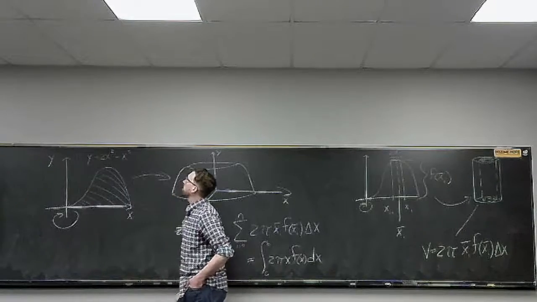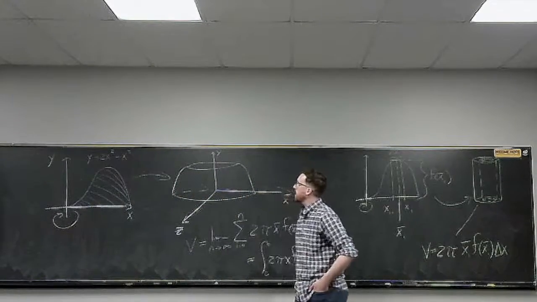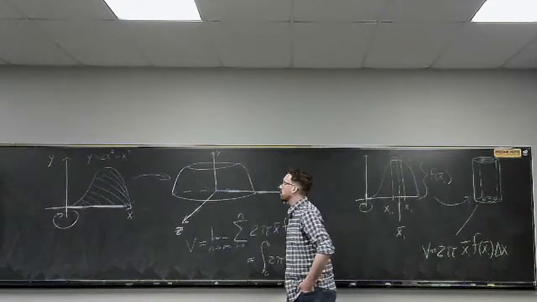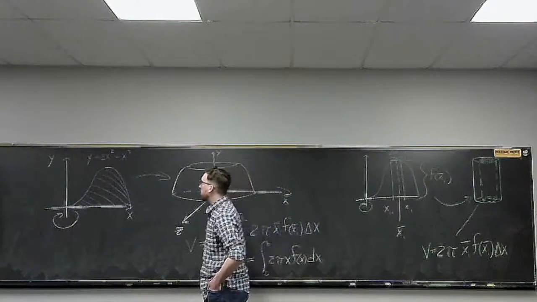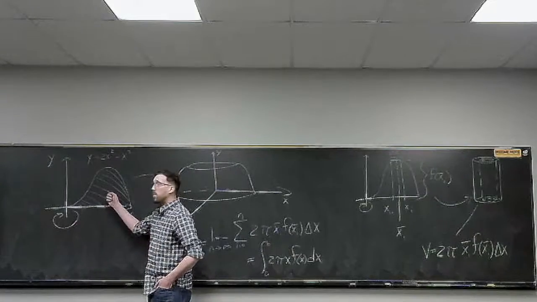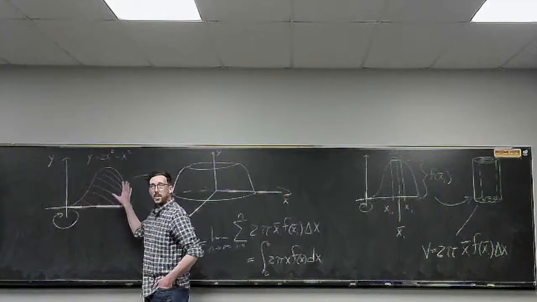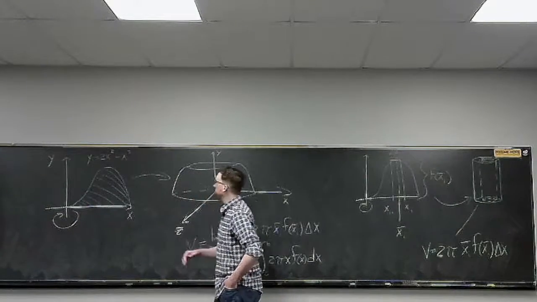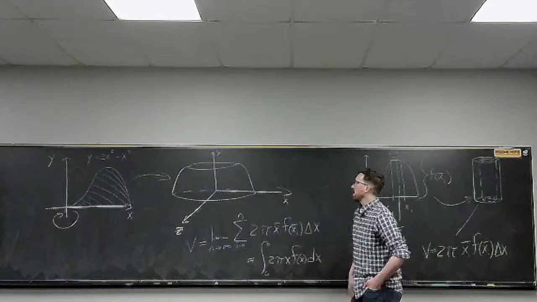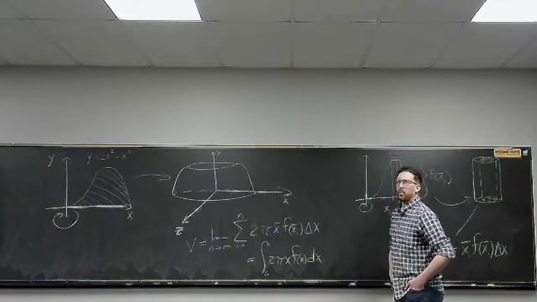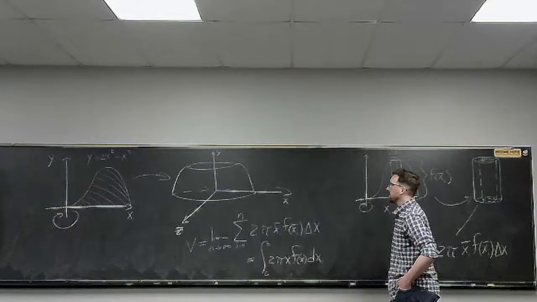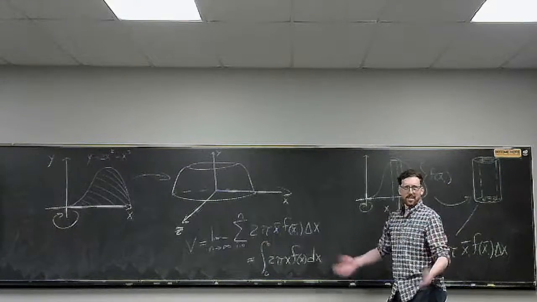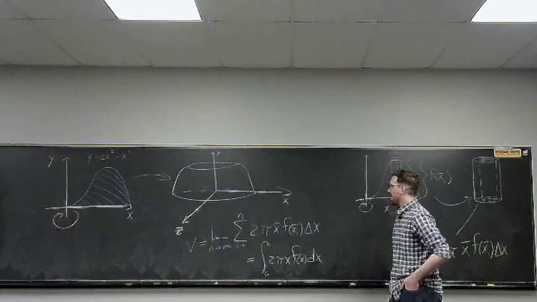It's the shape formed by looking at the area underneath 2x squared minus x cubed is equal to y. Now we want to take this area and revolve it about the y-axis. When we do, we get this jello bowl looking thing. Yeah, it looks like one of those jello bowls from like the 80s or something, you know?